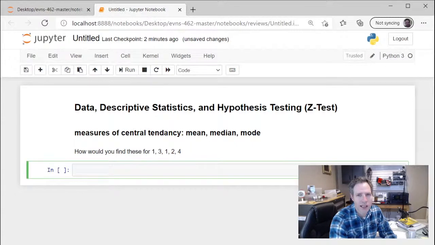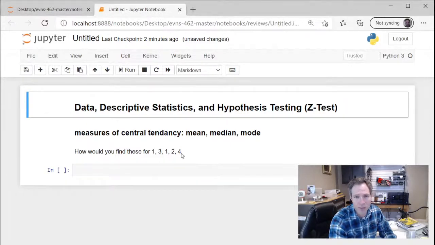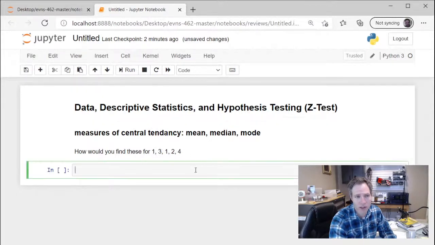And the answer is, well, if you're finding the mean, you add these numbers together and you divide by how many data points you have: 1, 2, 3, 4, 5. So the mean would equal 1 plus 2 plus 3 plus 1 plus 2 plus 4 divided by 5.